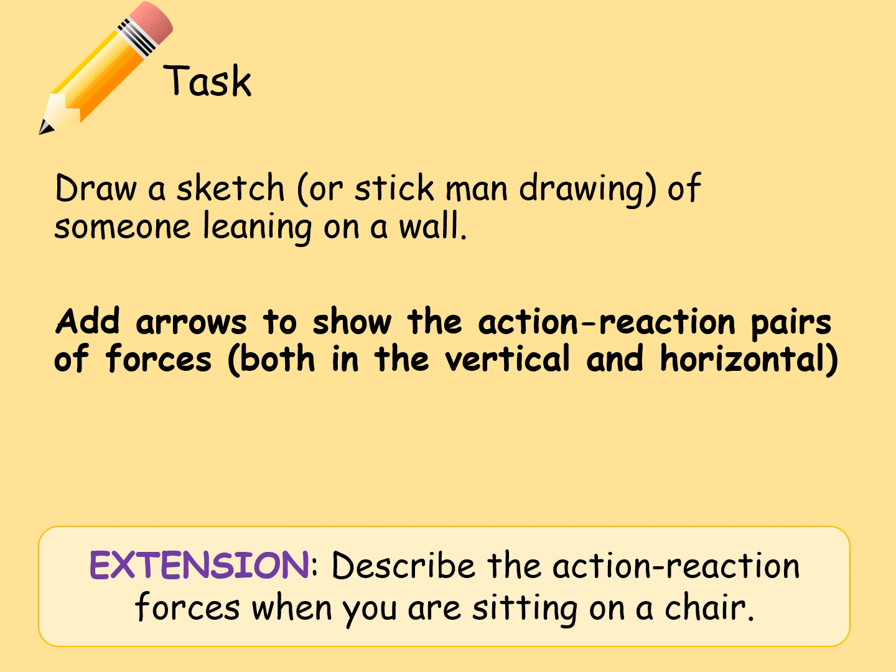Also, once you've done that, I'd like you to try and describe the action-reaction forces when you're sitting on a chair. Now, if you don't know either of these, and you can't figure them out, then again, go back a little bit and have another listen, because I go through both of these examples.